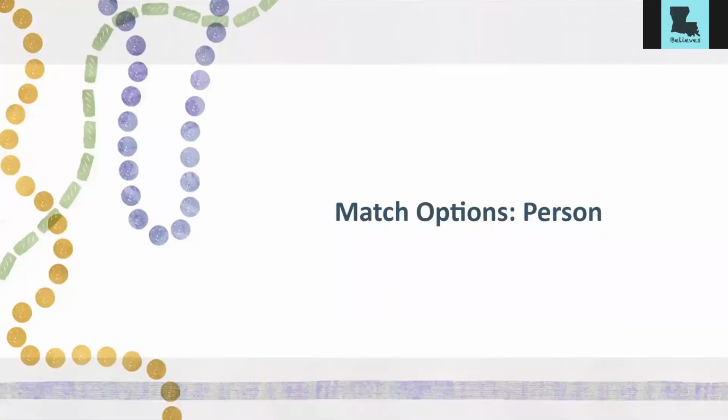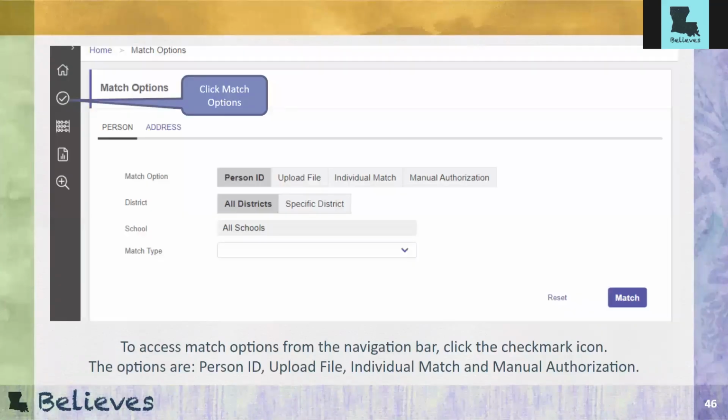So the first option, matching by person, is the system that you are fairly familiar with. You are able to select the match options on the sidebar, which is the checkbox, and then your options are person ID, upload file, individual match, and manual authorization. So person ID is the match type that you are most familiar with.